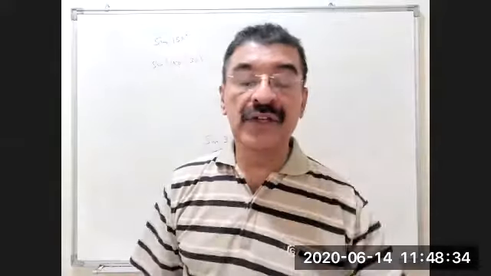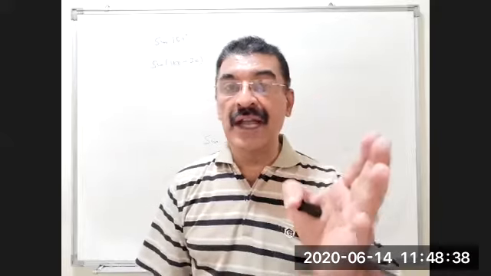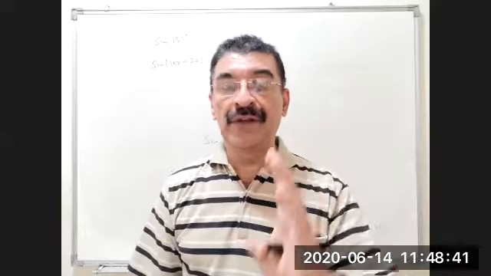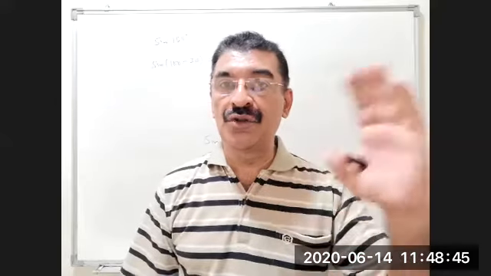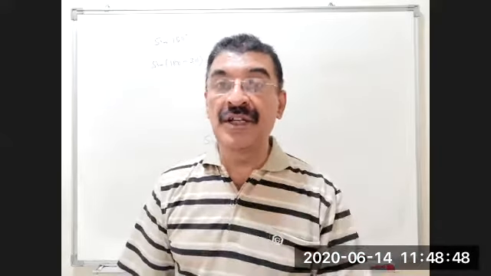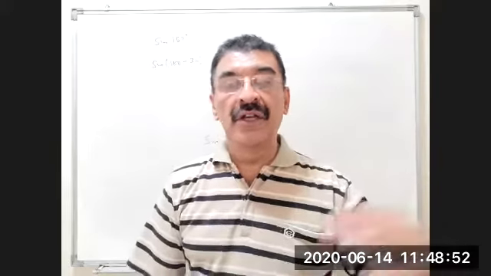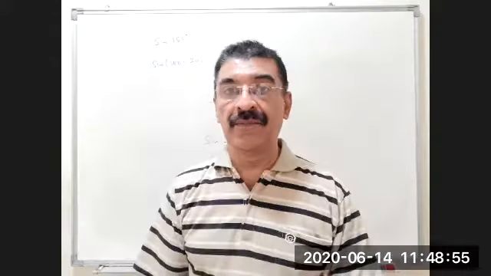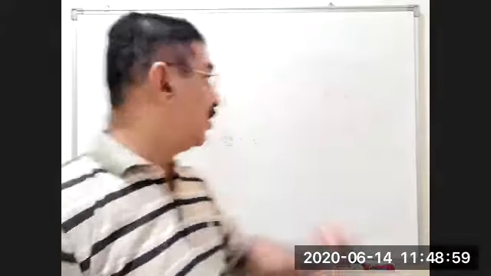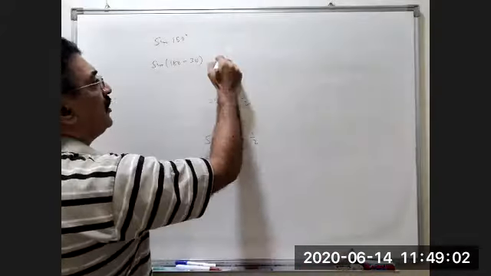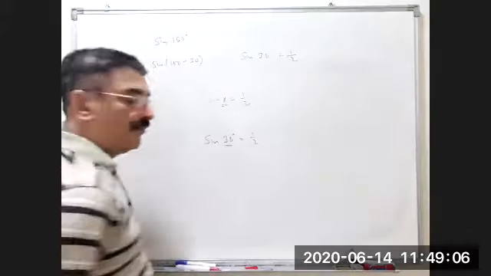For 180 plus or minus, an even multiple of 90, the function remains the same. For 90 plus or minus, 270 plus or minus, odd multiples of 90, the function changes to the co-function. Even multiples of 90, 180 plus or minus, 360 plus or minus, the function is the same. Then the sign we have to check, whether it is positive or negative, depending on the quadrant. So sin of 180 minus theta is sin theta, so sin 30, that's also 1 by 2.